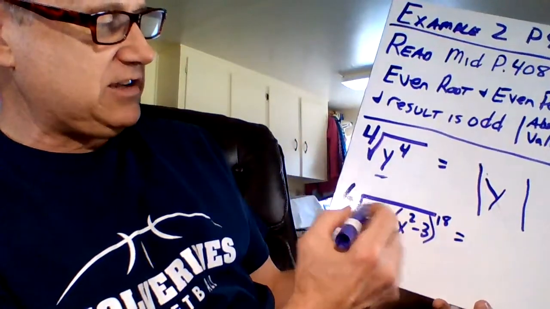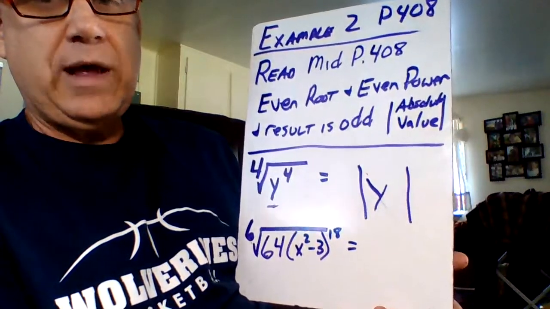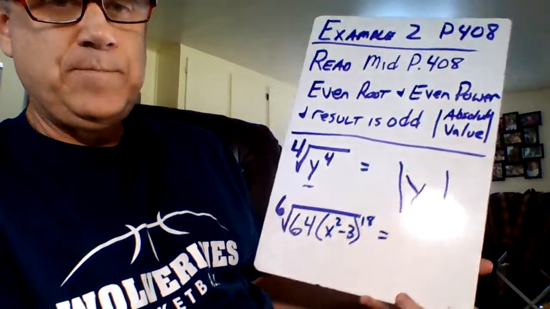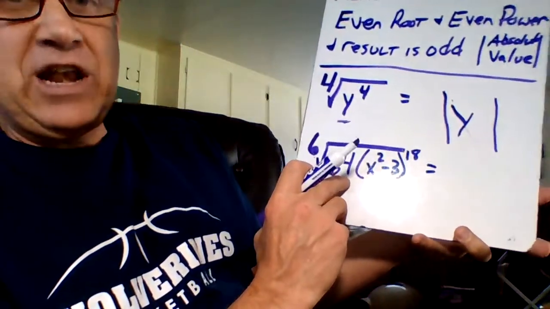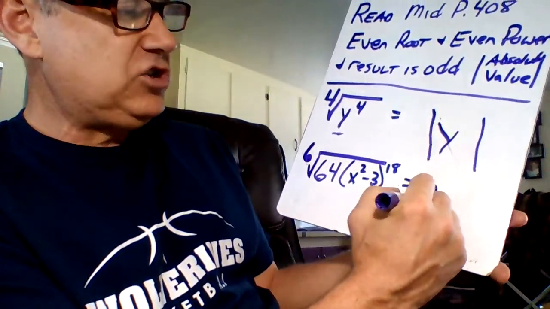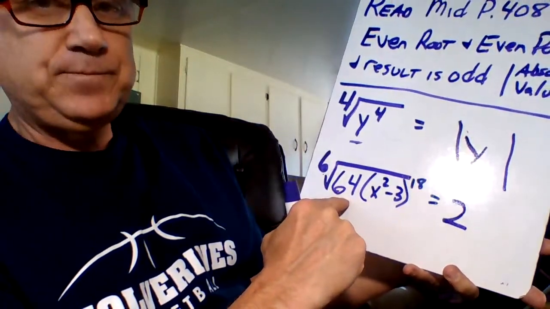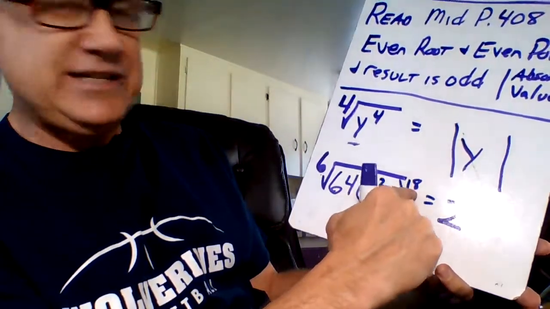Let's take a look at this. 6th root of 64. So what do we have with the 6th root of 64? Well, we know that this is an even number, so we know our answer is going to be even. So that's going to be 2, because 2 to the 6th power equals 64. X squared minus 3 to the 18.